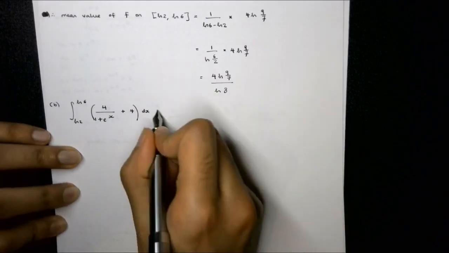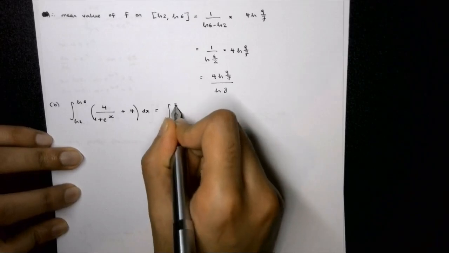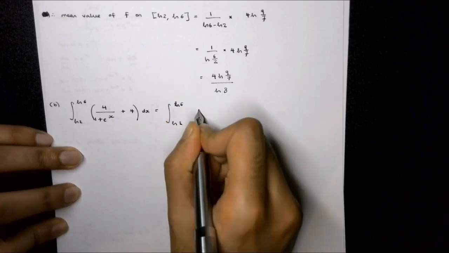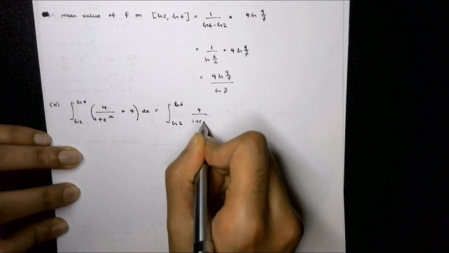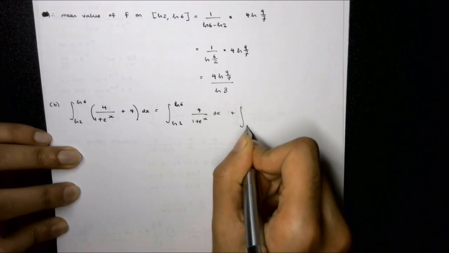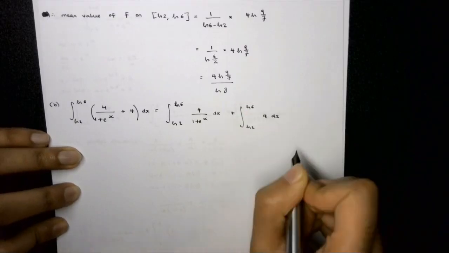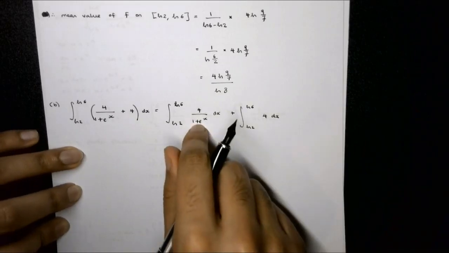So if we separate this, we've got the integral from natural log of 2 to natural log of 6 of 4 over 1 plus e to the x with respect to x, plus the integral from natural log 2 to natural log 6 of 4 with respect to x. Now this result over here we've just worked out.